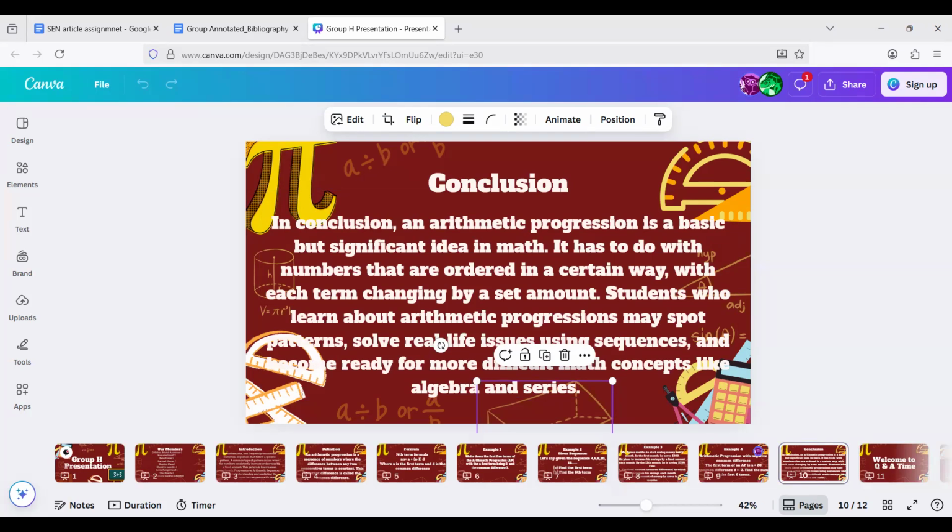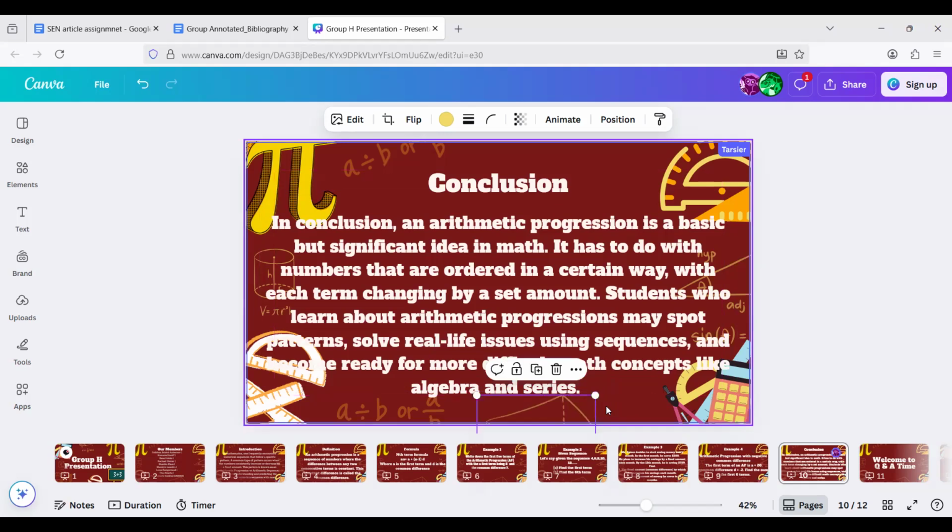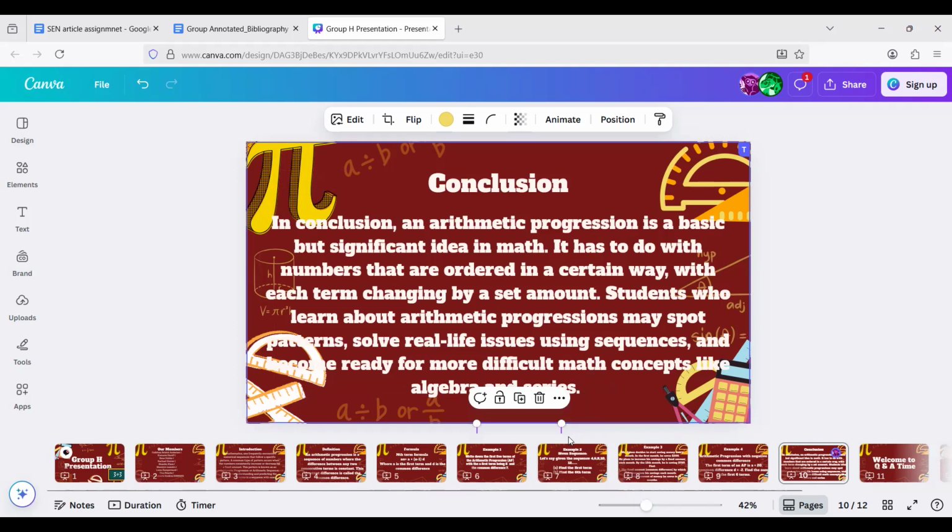Students who learn about arithmetic progressions may spot patterns, solve real-life issues using sequences, and become ready for more difficult math concepts like algebra and series. And again, we want to stress that an arithmetic progression has a common difference, whereas geometric progressions will have it changing.